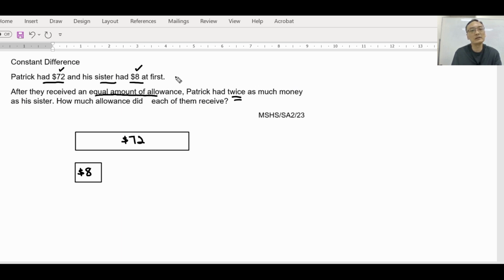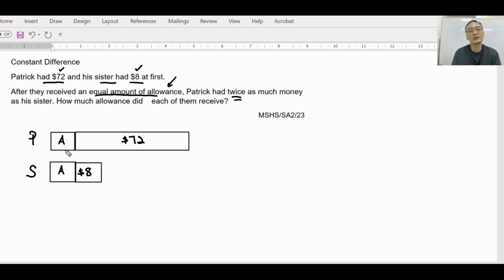So please take note that this allowance we have to put at the left hand side like this. So we write a letter A to represent the allowance, and here is Patrick's model and this is the sister's model.